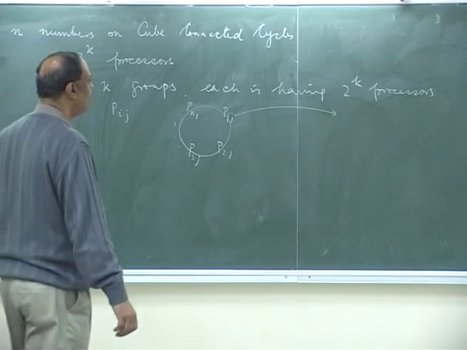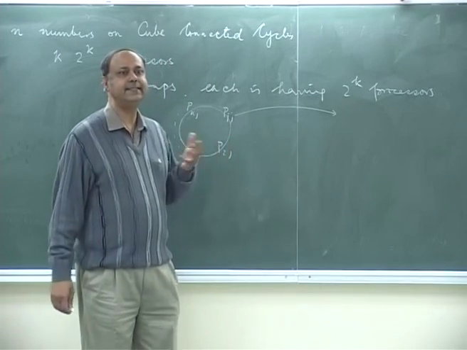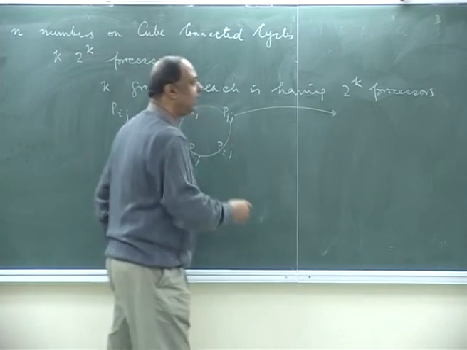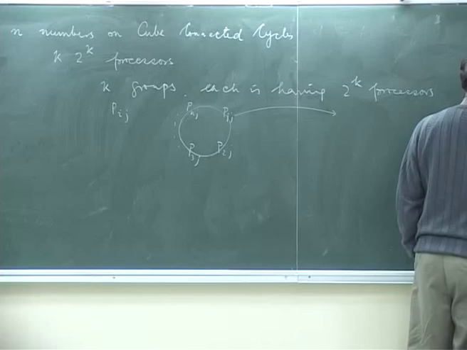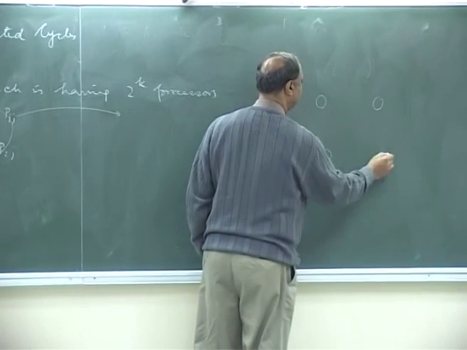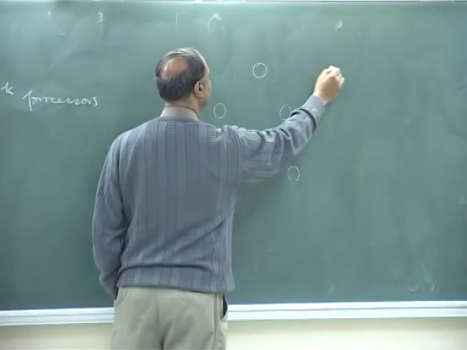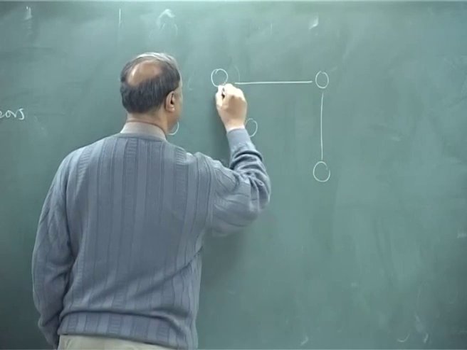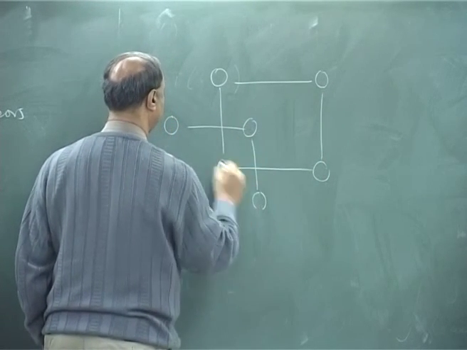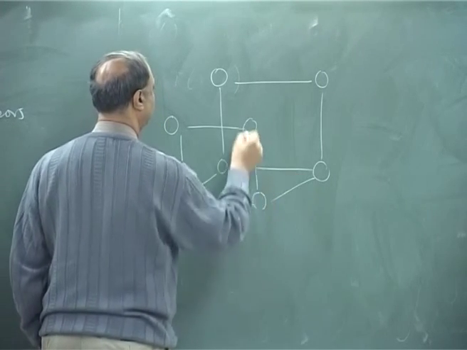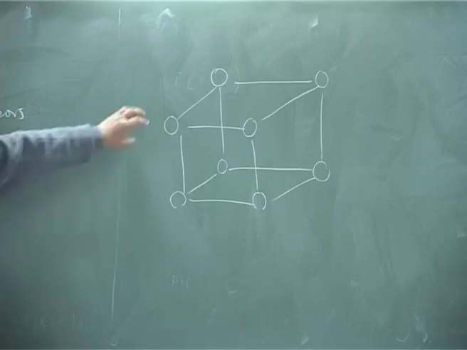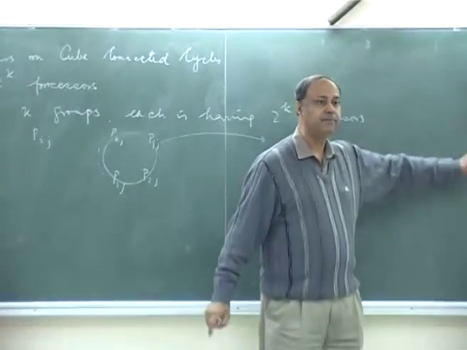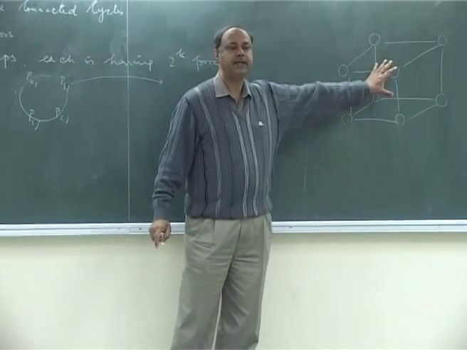Since it is a combination of butterfly and hypercube, if I consider each cycle as a single node, then I get a hypercube, right?